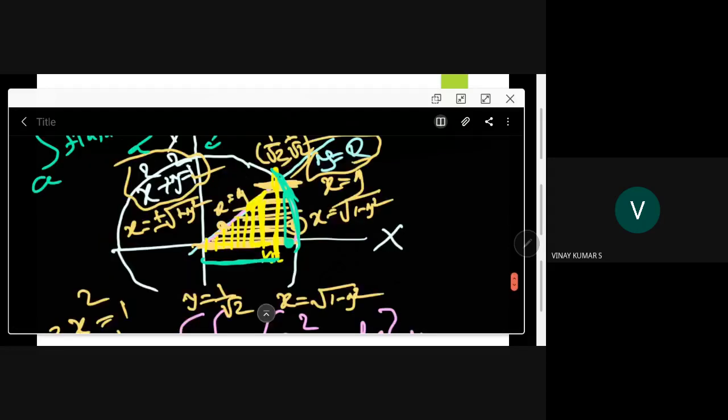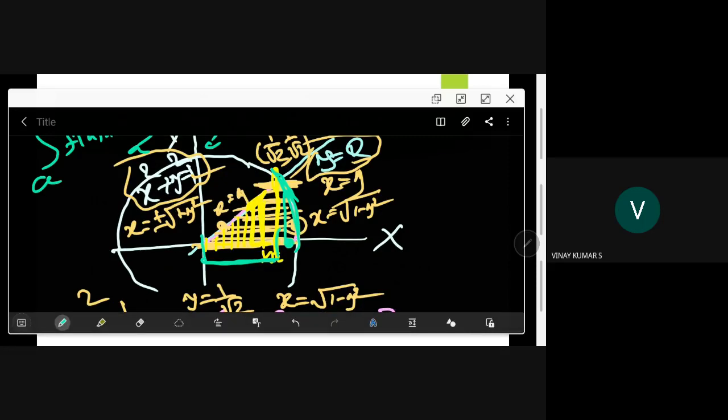This part from here to here. Once you cross that 1 by root 2, what is this point? This point is naturally 1 comma 0. You are on the circle x square plus y square is equal to 1.